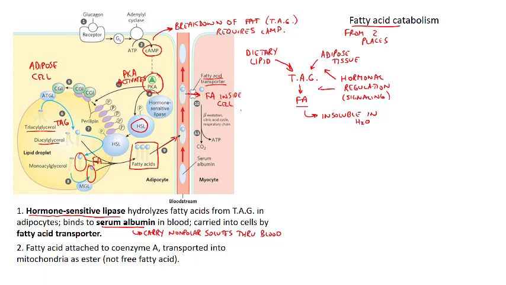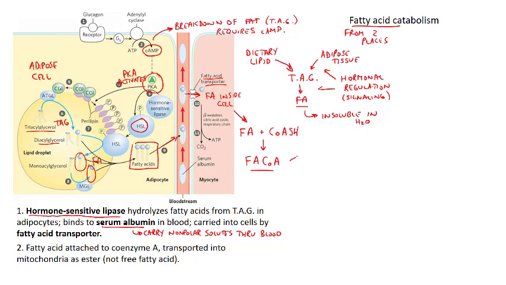And when the fatty acid is inside the cell, it immediately is attached to a coenzyme A. So what happens is a fatty acid plus coenzyme A react to give us what's called a fatty acyl-CoA.